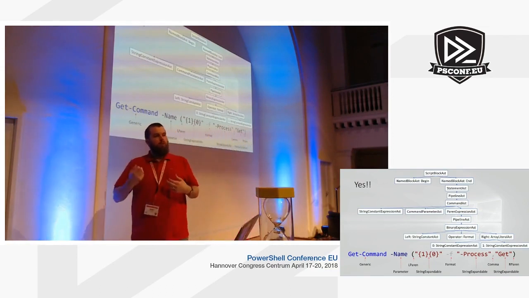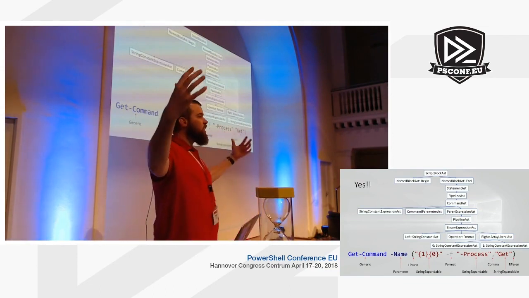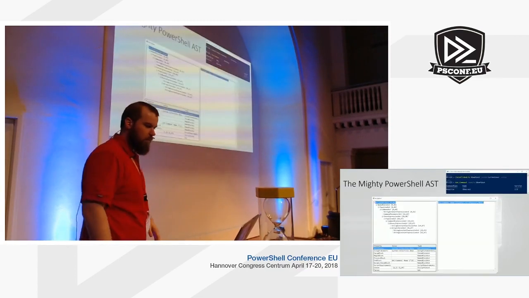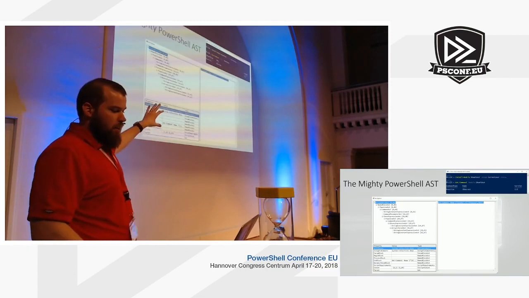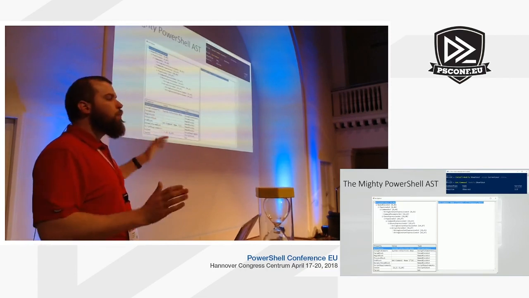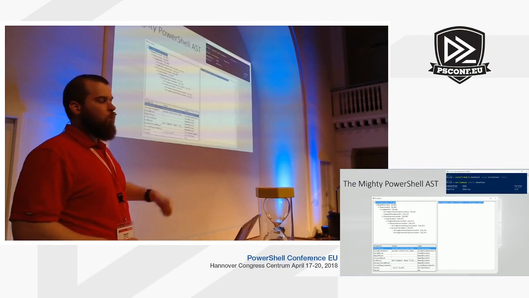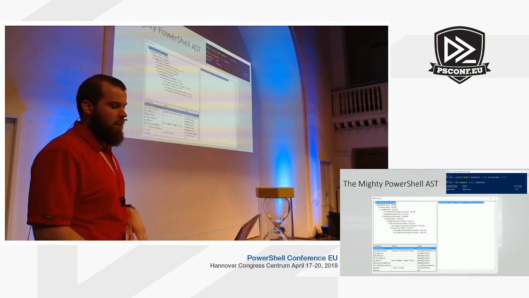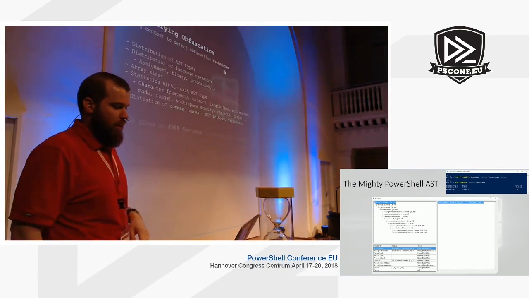Not only does this tell us what the tokens are, it also gives us the relationship of those tokens. Now, what can we do with that? Fun fact, Show-PSAst, the PowerShell AST viewer, is a really cool module you can use to paste in PowerShell code and actually explore the AST. So, a really nice way to explore it.